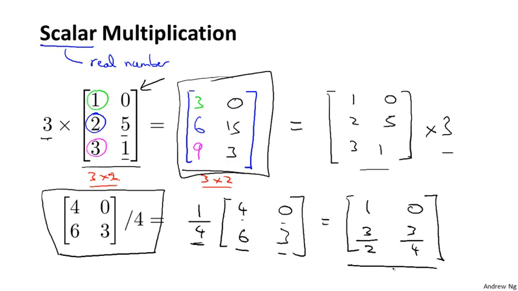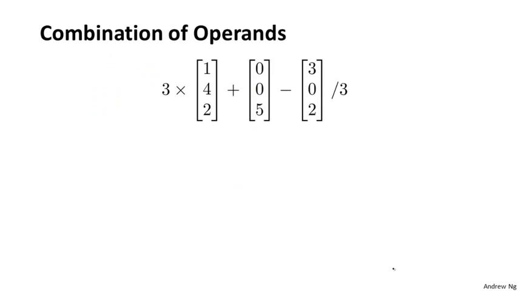Finally, for a slightly more complicated example, you can also take these operations and combine them together. So in this calculation, I have 3 times a vector plus a vector minus another vector divided by 3. Just to make sure we know what these are, this multiplication is an example of scalar multiplication, because I'm taking 3 and multiplying it.